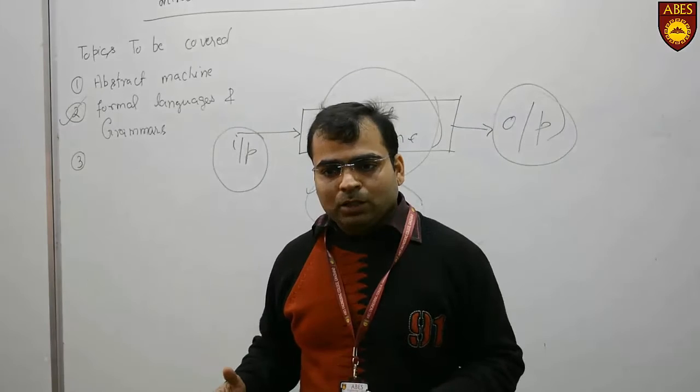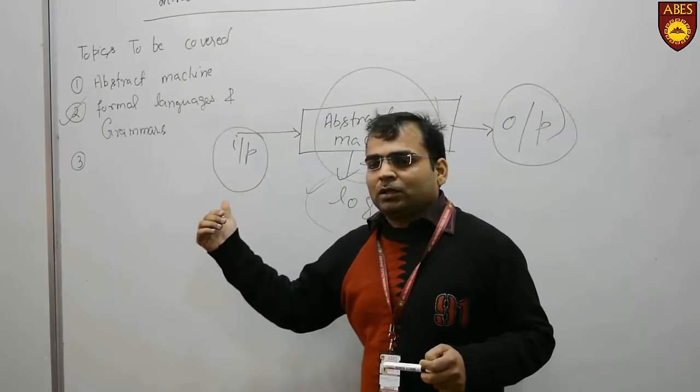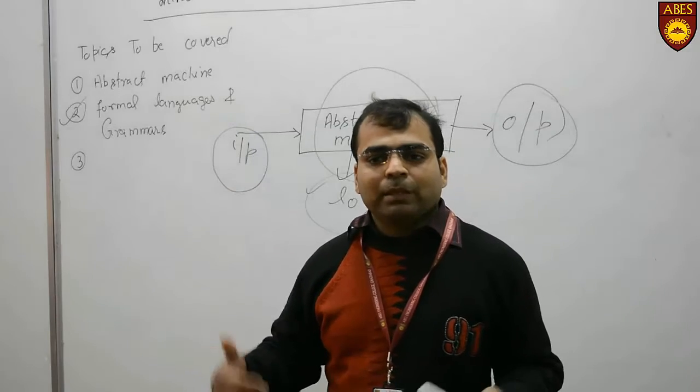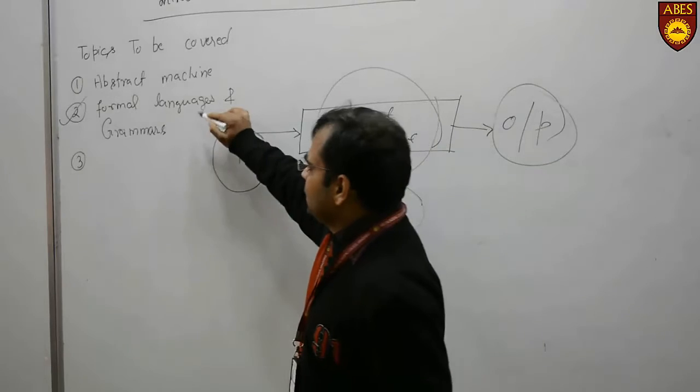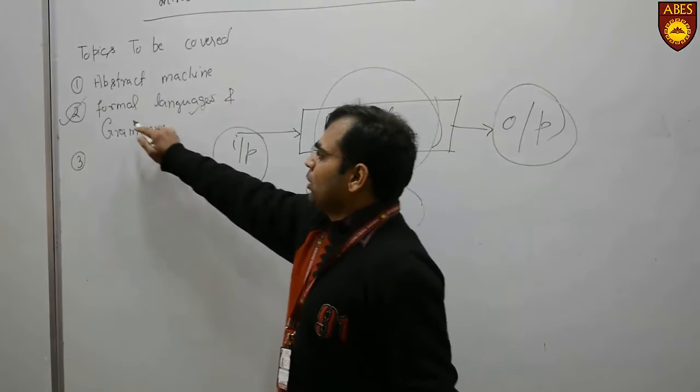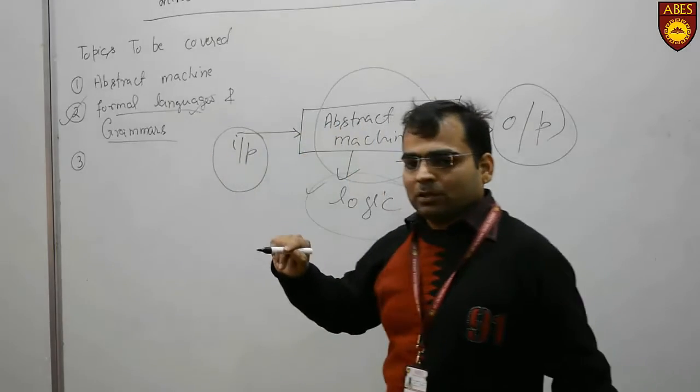How could we do that? Or for the time being, suppose we want to find the modulo of a given number. How could we find that? For that purpose, we are going to deal with formal languages and formal grammars.